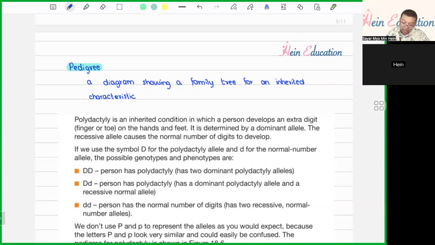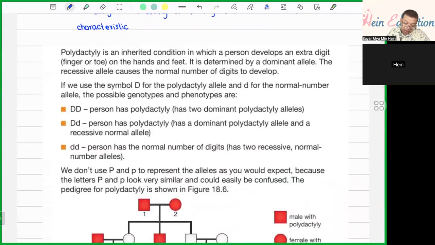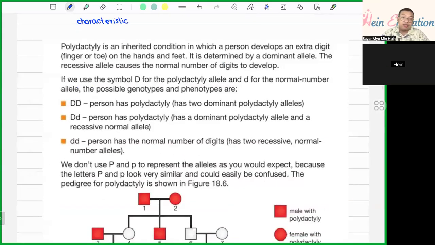In this case, we are using the polydactyly example. Polydactyly is an inherited condition in which a person develops an extra digit on their hands and feet. It means they will have more than 10 fingers or more than 10 toes. That would be the condition. And the statement already said that it is determined by a dominant allele.